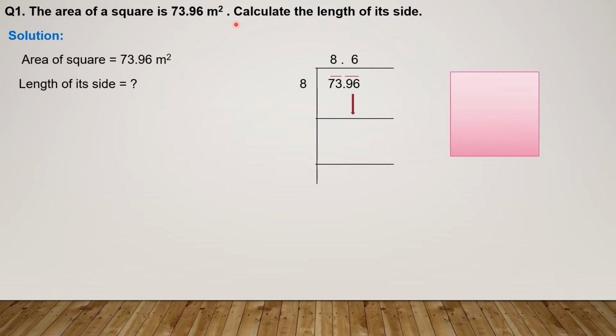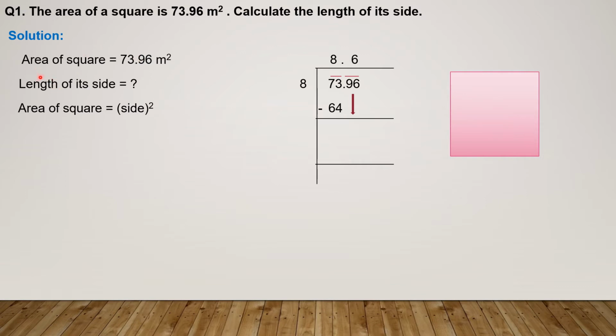The next line of the question is calculate length of its side. So the next line of our solution: length of its side is equal to question mark. Since in the question we have to calculate it, we will write length of side is equal to question mark.